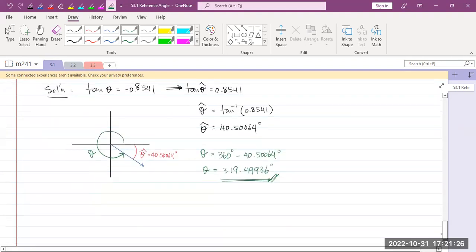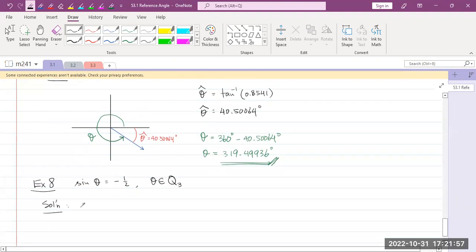Let's go on. Example 8. I do like many examples here, but the underlying concepts are actually exactly the same. Now, sine theta equals to negative 1/2. Oh, that's a special value, right? So the angle must be a special angle. However, theta is in quadrant 3. So let's see how we're supposed to think.